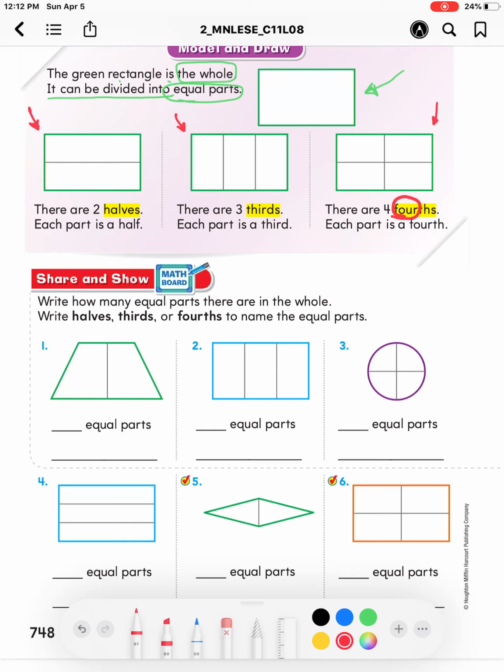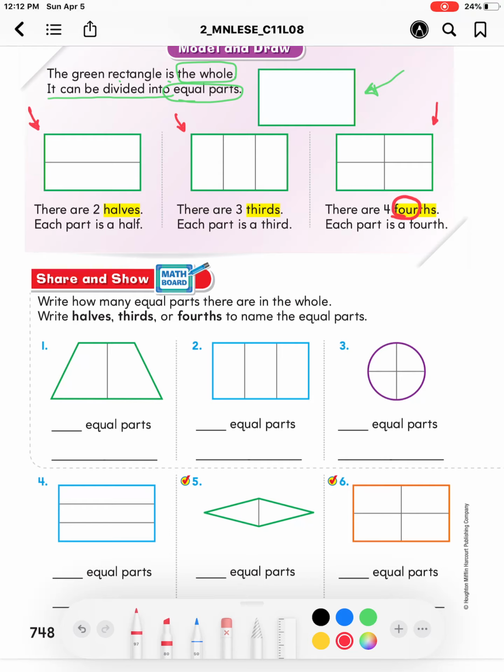So now I need you to think with me about the next question. It says, write how many equal parts are in the whole. Write halves, thirds, and fourths to name the equal parts. So now we have to count how many equal parts and write the name of the equal part, okay? Now, how can you decide if the equal parts are halves, thirds, or fourths of each whole?